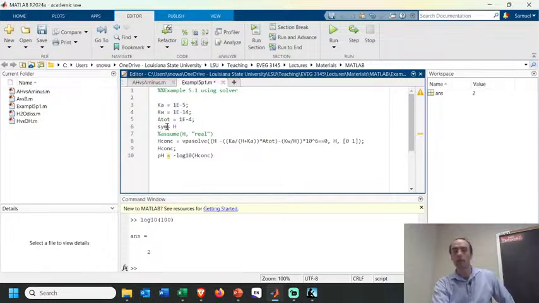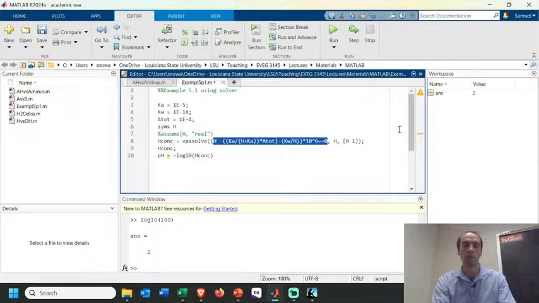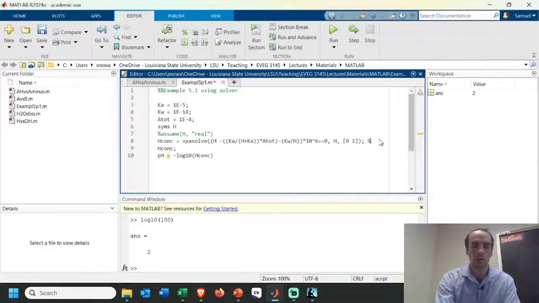We said we're going to install this little symbolic math thing and try it. We did that. We define a symbol H and then set up an equation to say the H concentration is equal to the solver when we take this left-hand side minus the right-hand side, multiply it by 1,000,000 just to make it more accurate, set that equal to 0. So this is our left-hand side minus right-hand side equals 0.